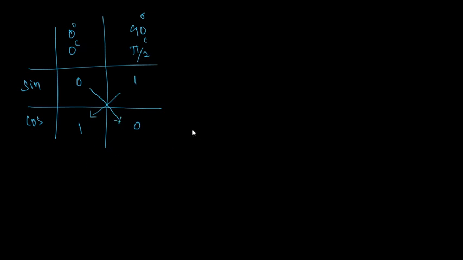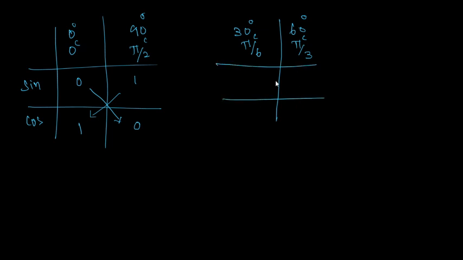Okay, right. And what about 30 degree and 60 degree? Put 30 degree and 60 degree. So 30 degree is nothing but pi by 6 radian, and 60 degree is nothing but pi by 3 radian. Is it not? Now let us have sine and cos values.